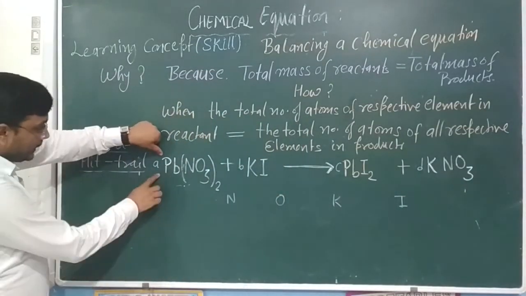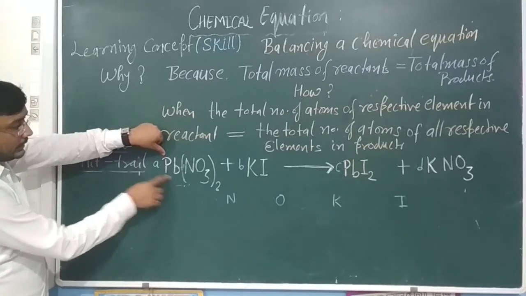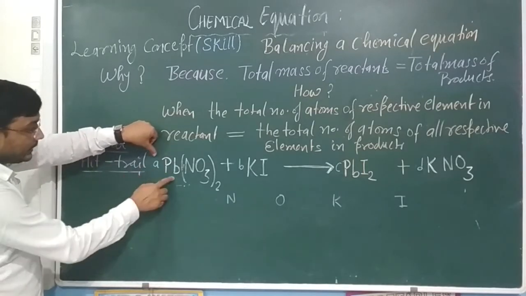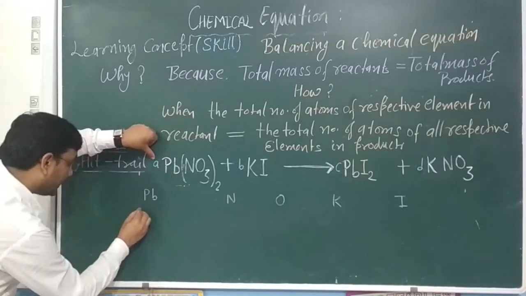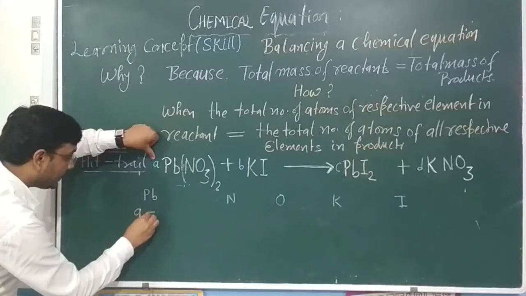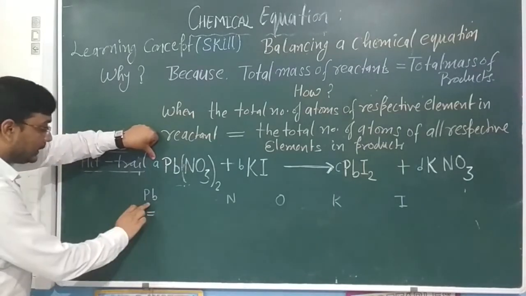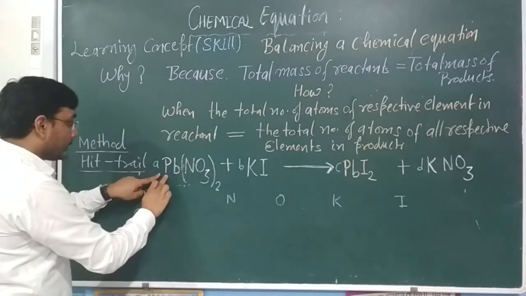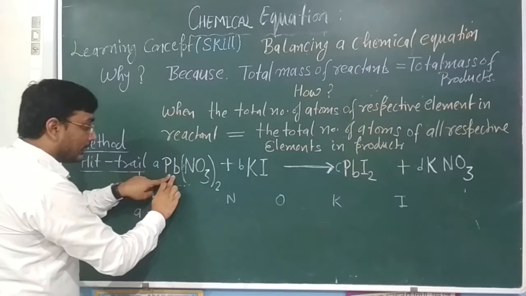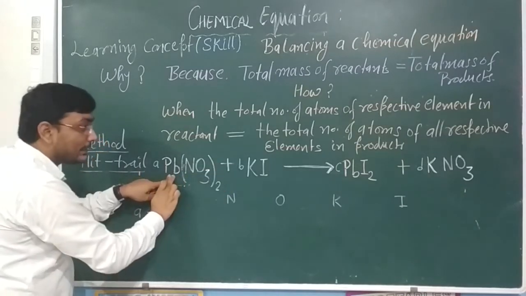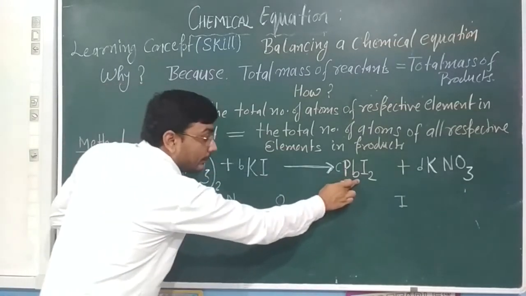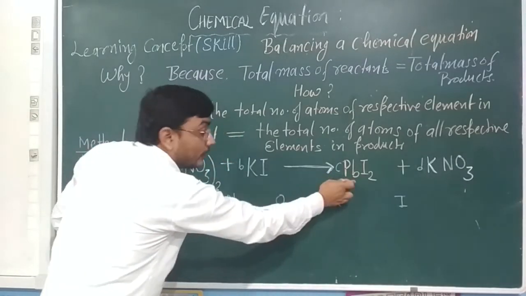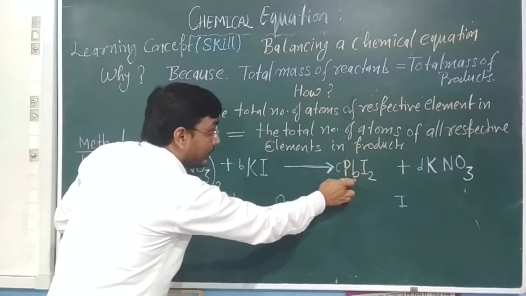Now look here, how many atoms of lead on this side? A. It must be equal to the lead on the product side. So the number of atoms of lead on the reactant side must equal the product side.